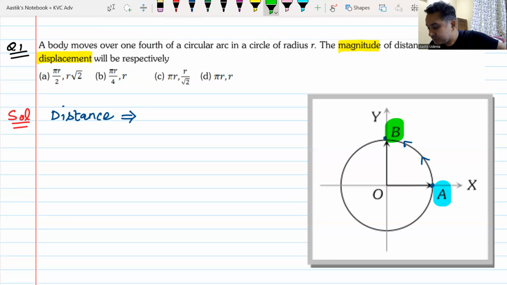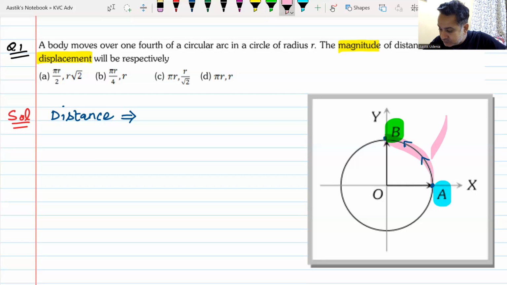Length of the path. So in this case, the body moves from A to B. What you have to find out is the length of A to B. The pink one is the length that you need to calculate.